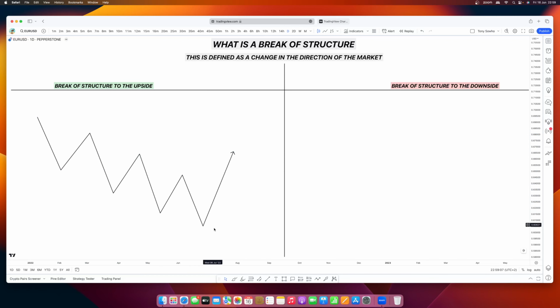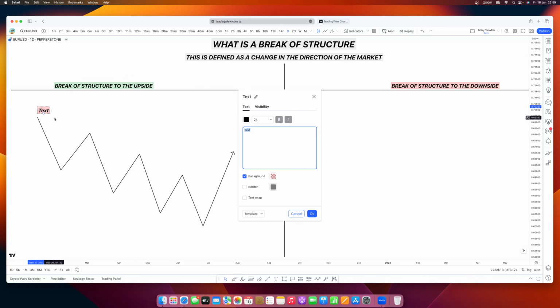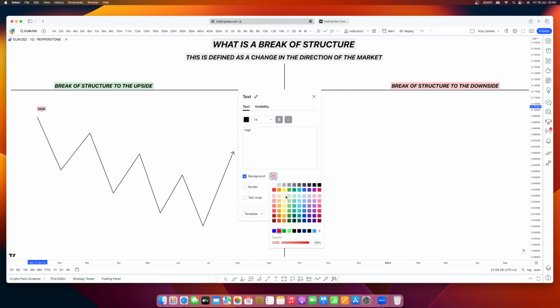So now let's look at this and try to understand what was happening. Remember, in the video we just talked about, I said this is a high. Let me make the text 14, I think 14 is going to be okay.